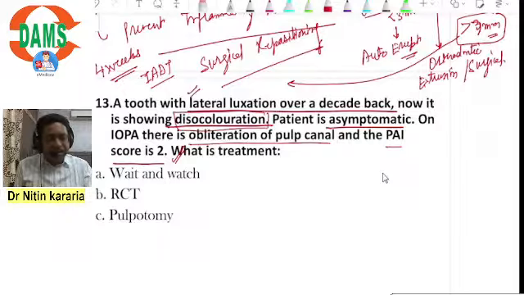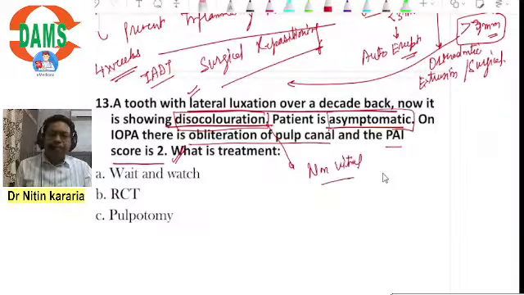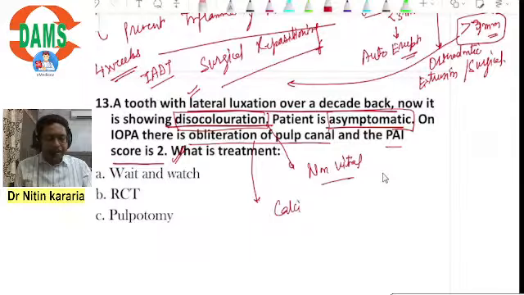Discoloration basically indicates a non-vital tooth, means the pulp has become degenerated or necrotic. Patient is asymptomatic, no pain or anything, and there is obliteration of pulp canal. This is calcific metamorphosis of the pulp.